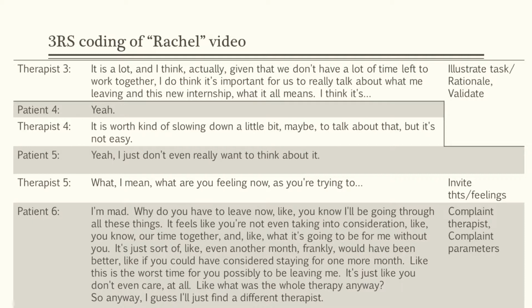The patient then elaborates on her complaint about the therapist, how hurt she is. She's also addressing the parameters of therapy. You can imagine this is a therapist in a training clinic or training setting where they're going to have to end treatment when their training is done. So it's a parameter of the treatment that the patient is expressing concerns about, that she's upset about.